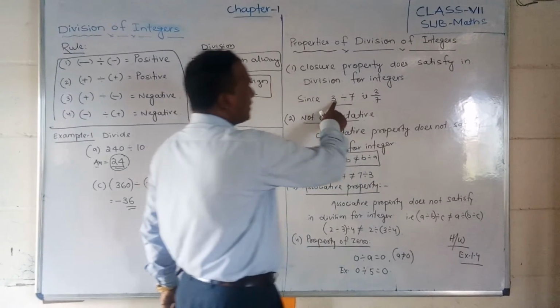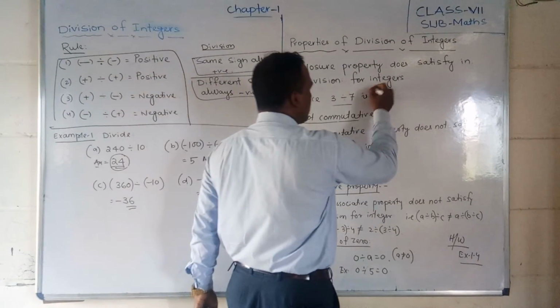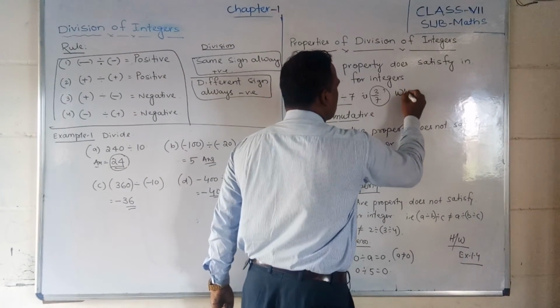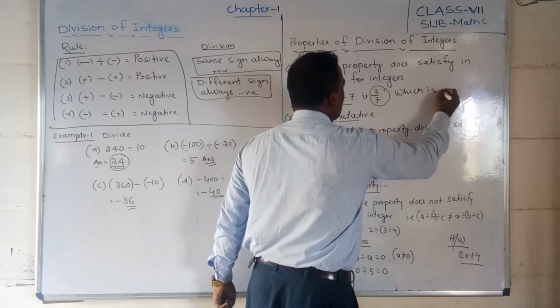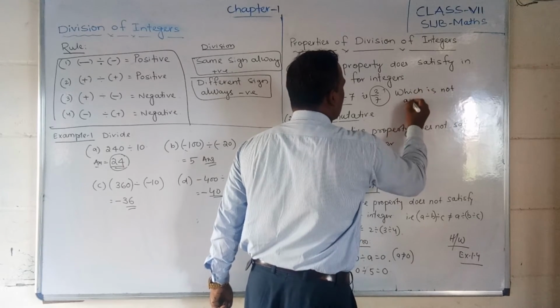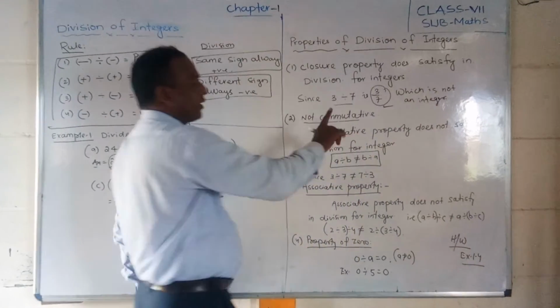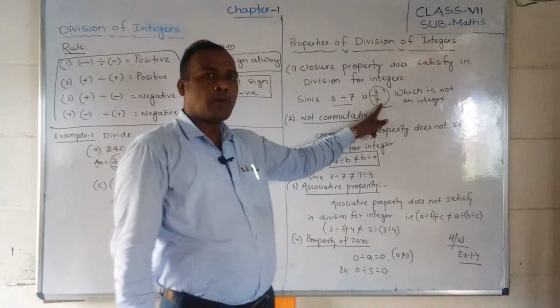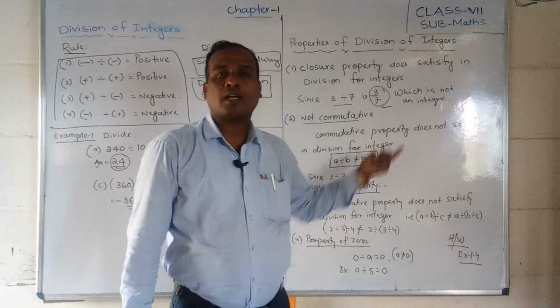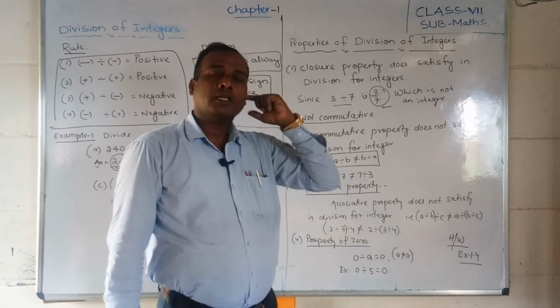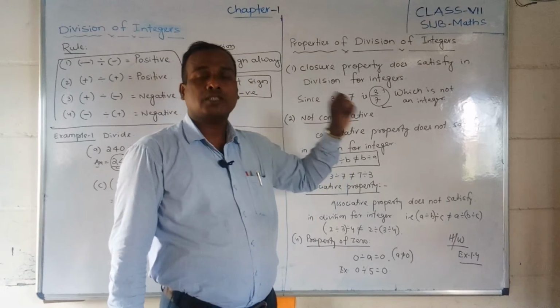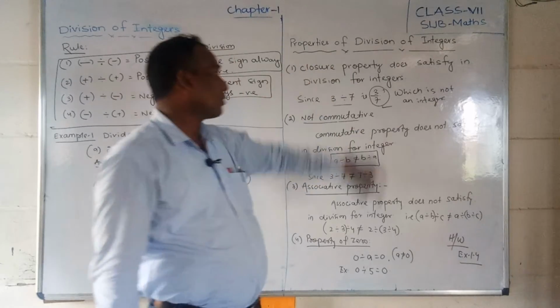Observe, students, 3 divided by 7 is 3/7, which is not an integer. We need an integer for closure property, but it is not an integer, it is a rational number, so the closure property is not satisfied.